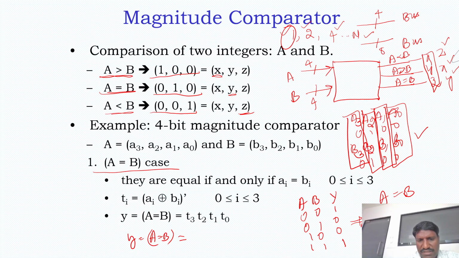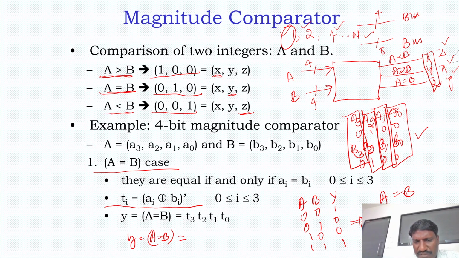Here we are writing T of i as A of i XNOR B of i, that is, A of i XOR with B of i, complemented.